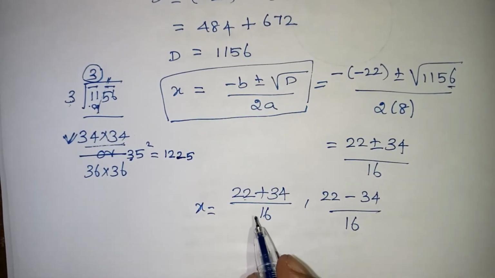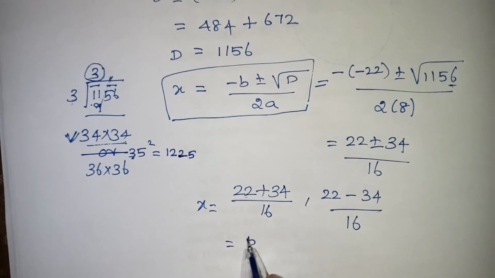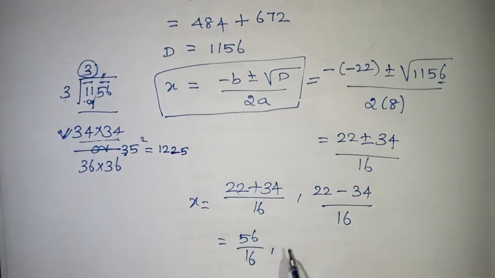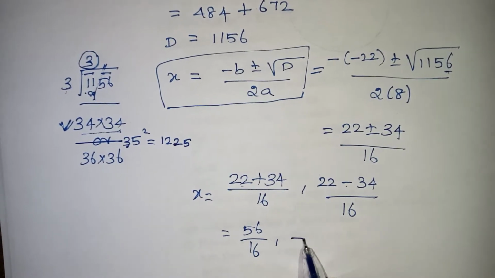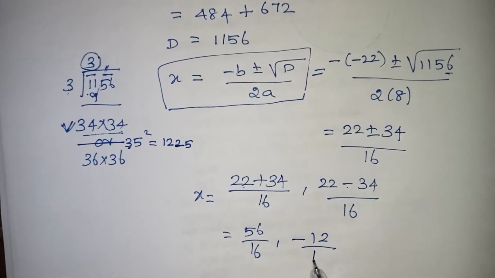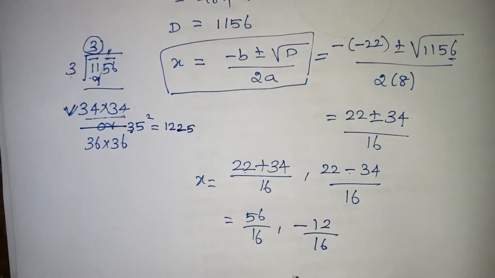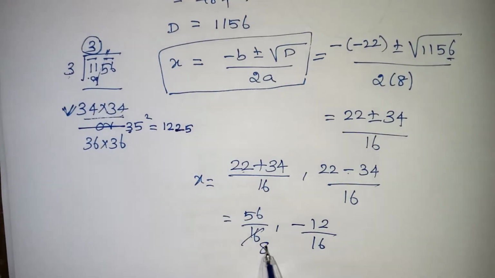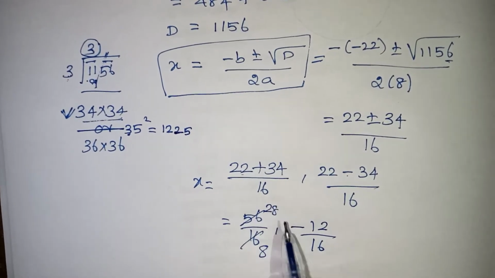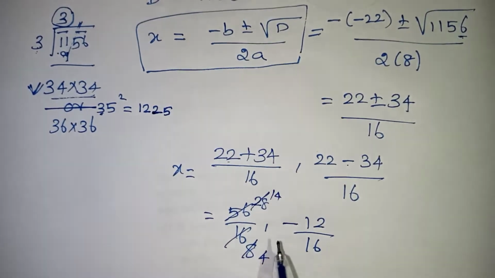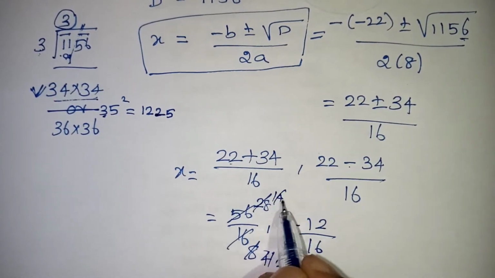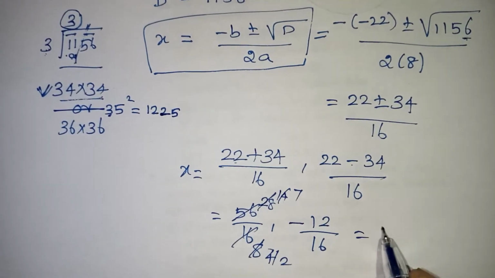So 22 plus 34 is 56 by 16, and the next one, 34 minus 22 is 12 by 16, both come under the 2 table, we can cancel. 56 by 16 becomes 28 by 8, again by the 2 table 14 by 4, again 7 by 2.